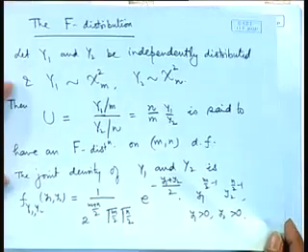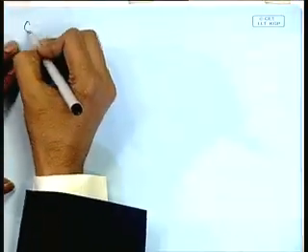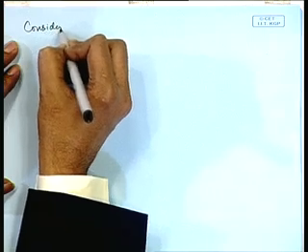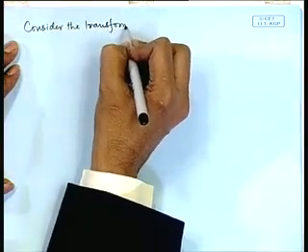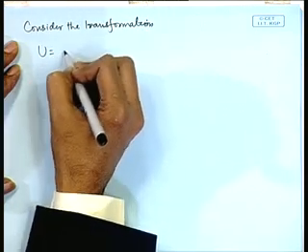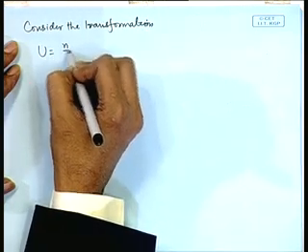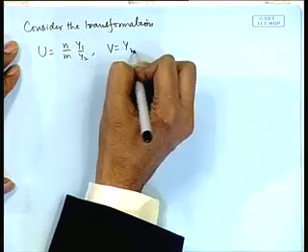So, we consider the transformation in which u is equal to n by m y1 by y2 and v is equal to, say, y2.